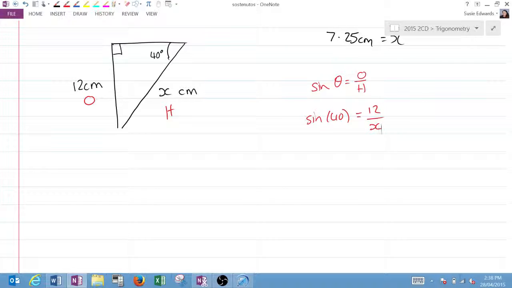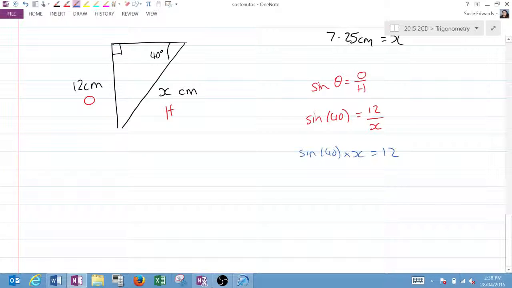If I just show you using full algebra, to move this x away from the 12, we have to move it to this side. And so we end up with, don't write this down, just write it in blue, sine 40 times x equals 12. Now x still isn't by itself, is it? So what do I have to move away from the x? The sine 40. Okay, and so this gets moved to the other side.